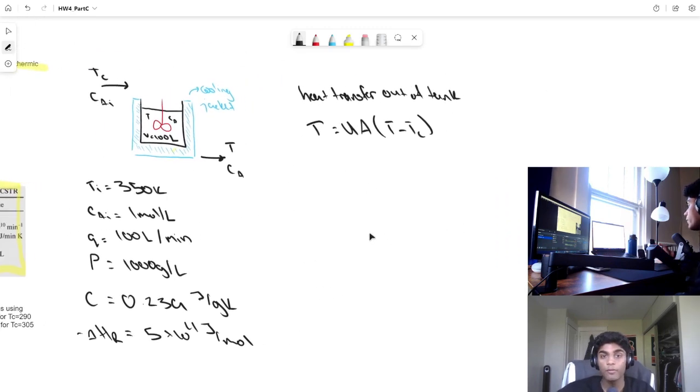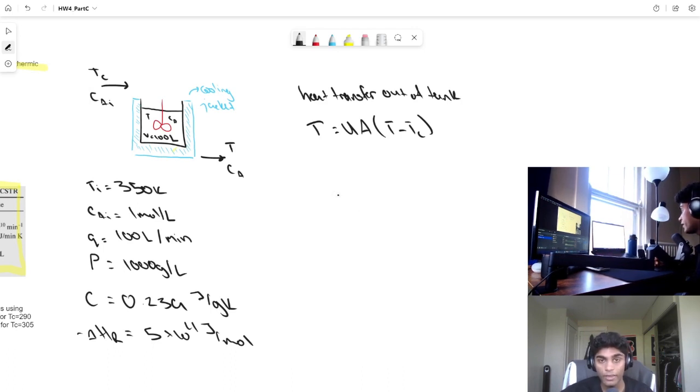So now we have all of our constants. We've drawn all the information we can out of the initial prompt. We can go ahead and start defining our differential equations for concentration and temperature. So first, let's look at the concentration. We have a concentration in, we have a concentration out. In order to find the differential for that, we want to find the amount of A that's changing over time.